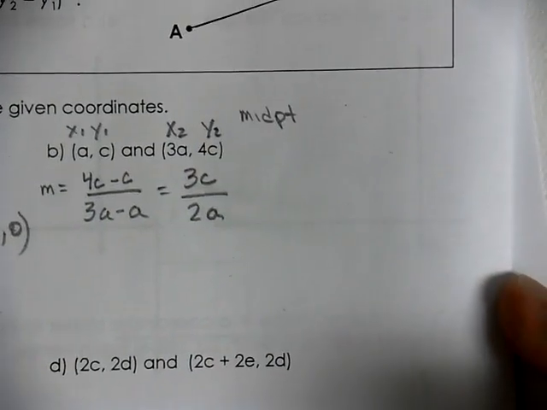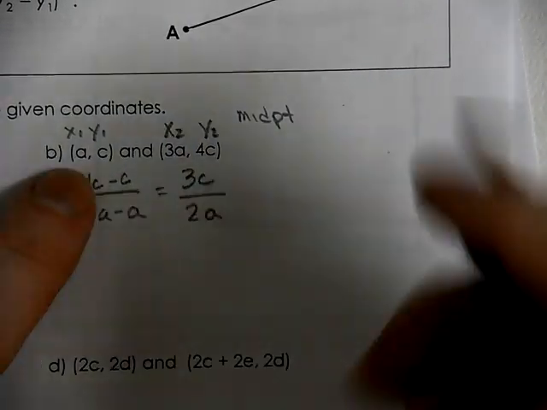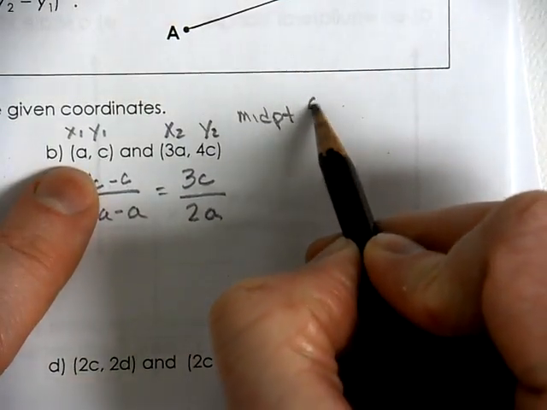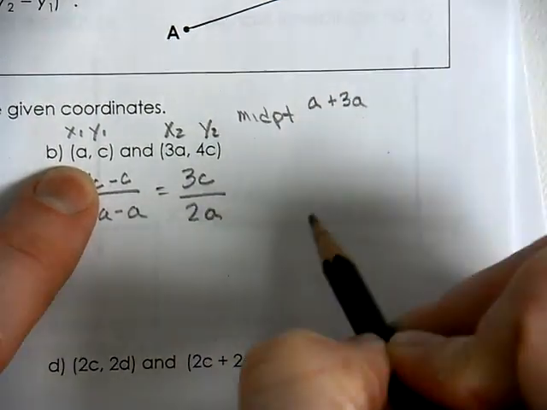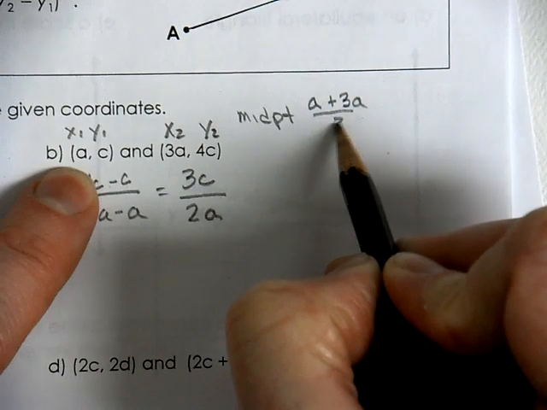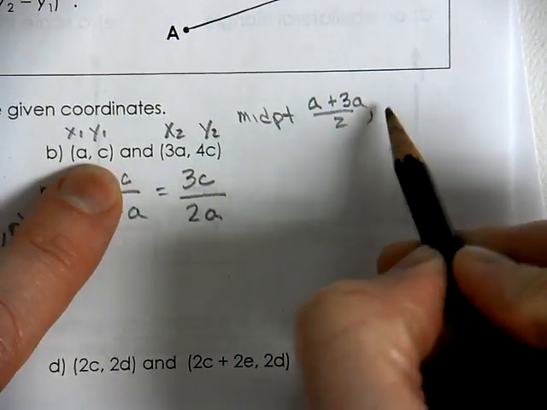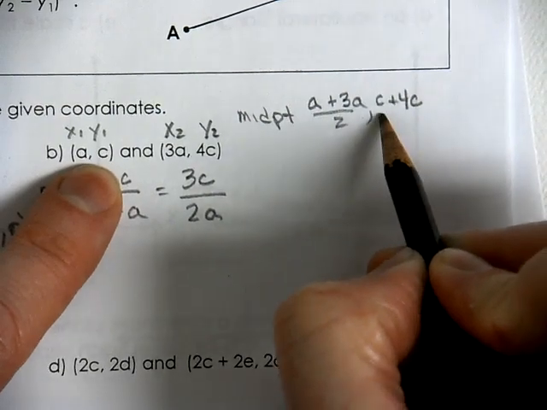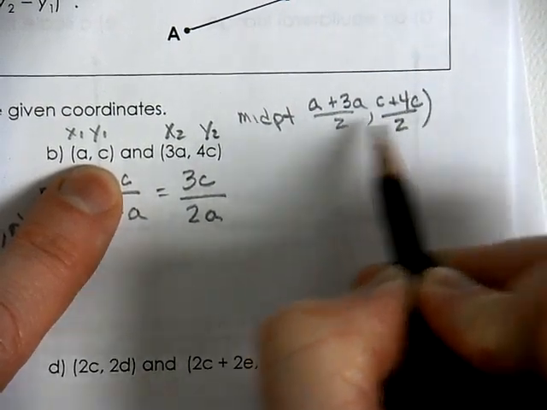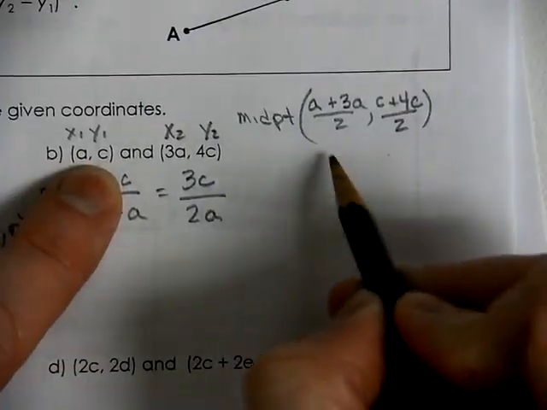Next we can do midpoint. Midpoint is adding the x's together, divided by 2, comma, adding the y's together, divided by 2.